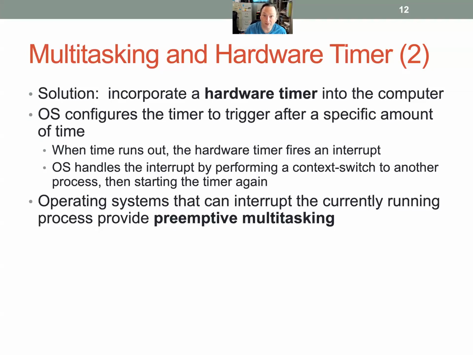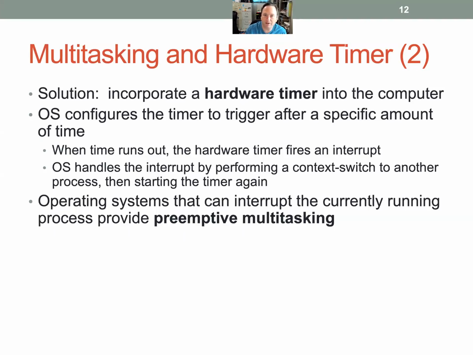And we want preemption because we can build much more robust operating systems. Programs don't have to think about whether or not they need to yield. They can just do their thing, and the OS will take care of kicking them off the processor when it's time.